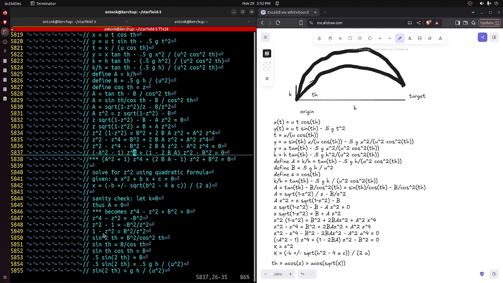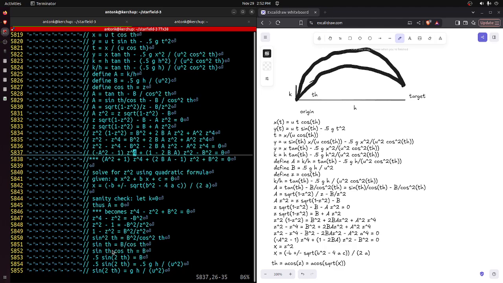And as you recall, 1 minus cosine of theta squared is sine squared of theta. So sine squared of theta becomes b squared divided by cosine squared of theta, which is sine theta equals b cosine of theta, which is square root both sides.